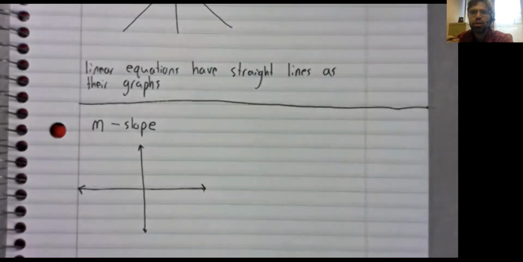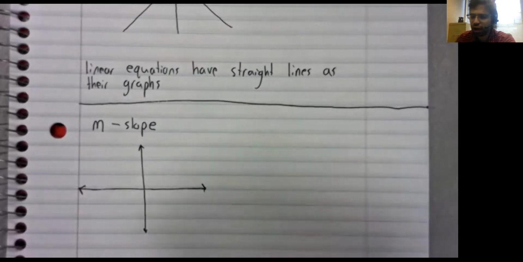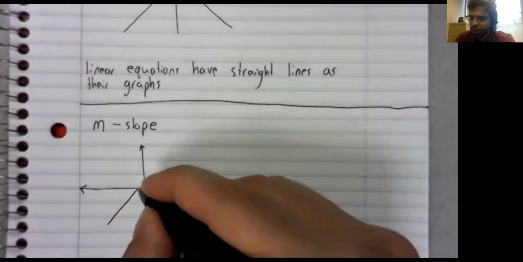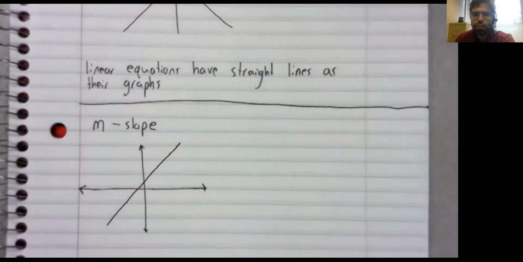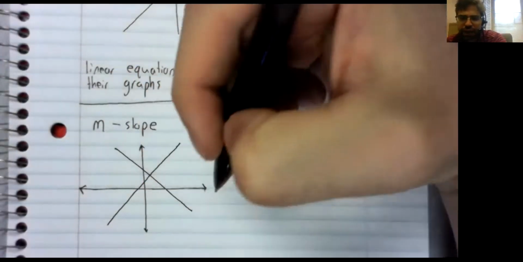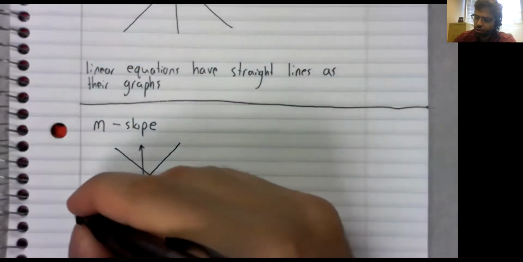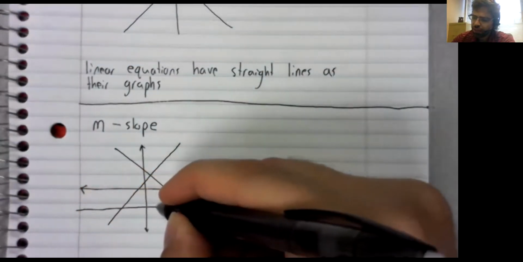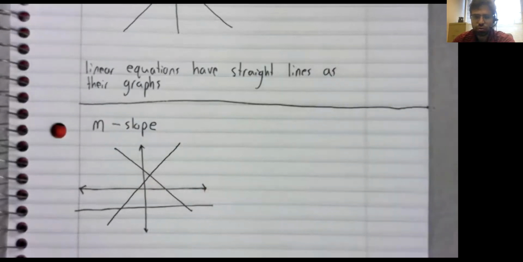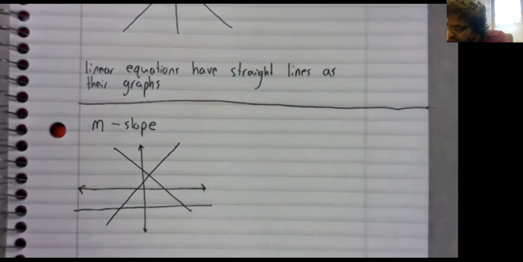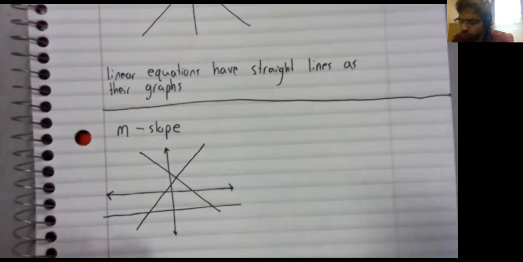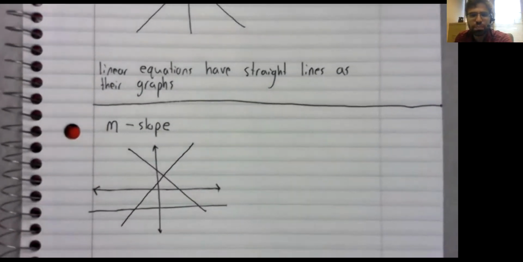So for now, let's make the observation that any straight line can have one of three forms. If you think of reading a graph like you would a book from left to right, it can go up, it can go down, or it can be horizontal. That doesn't really look super horizontal, but it's supposed to be.